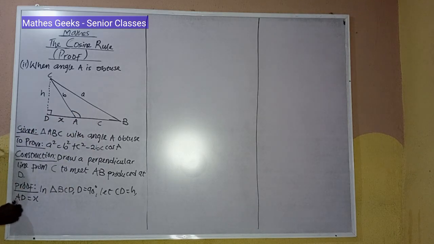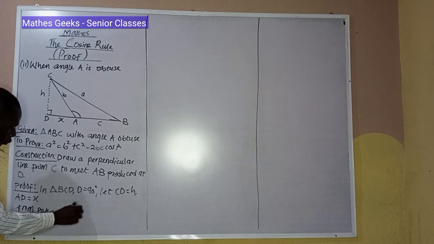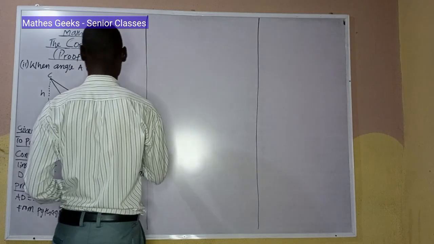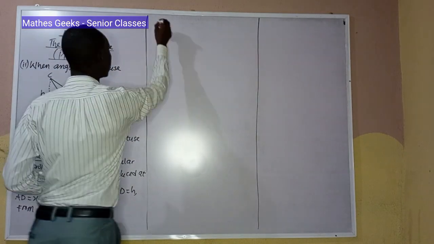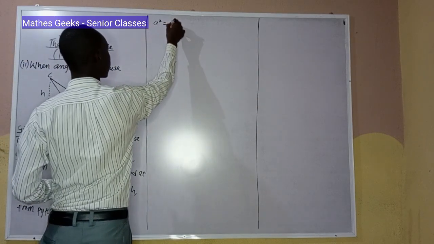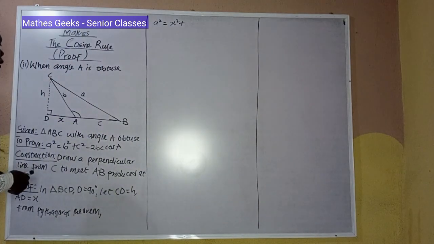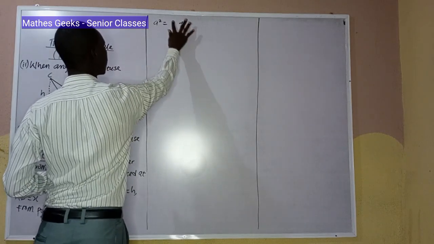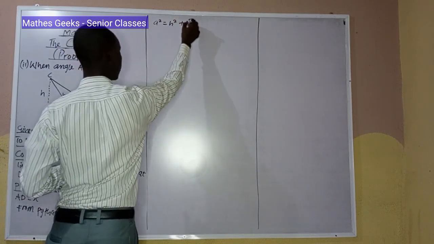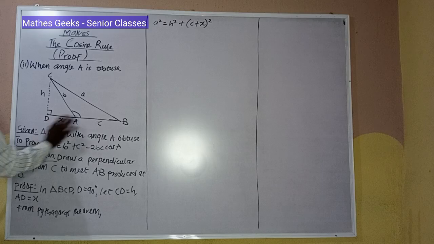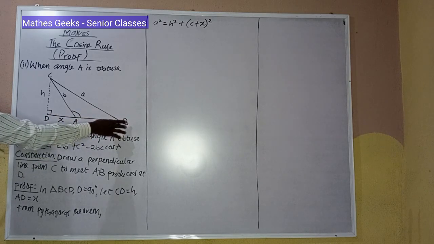So from Pythagoras' theorem, when we're looking at triangle BCD, a squared is equal to h squared plus (c plus x) squared.